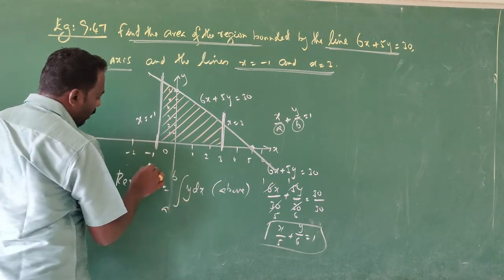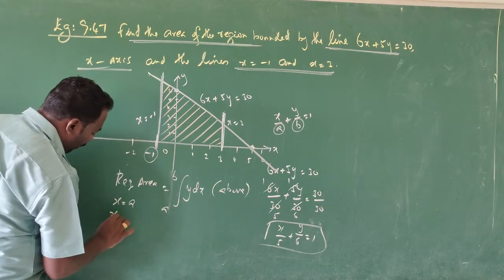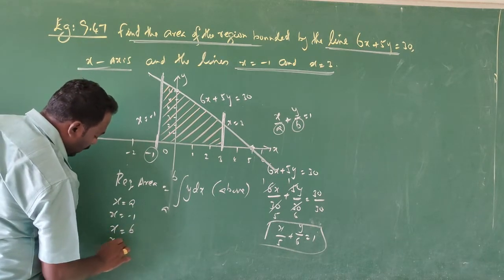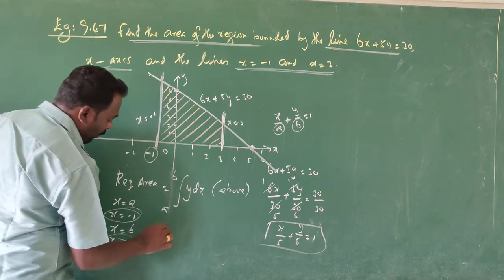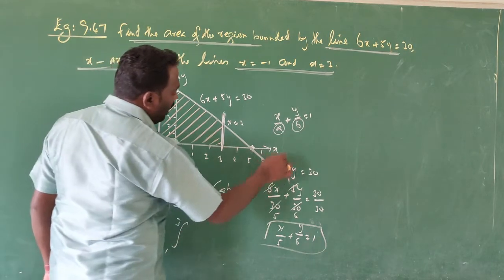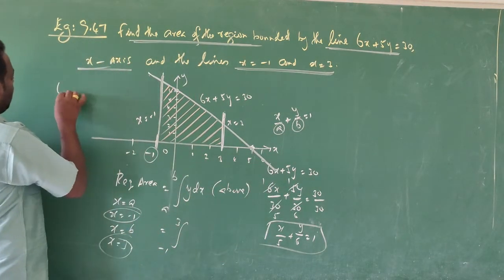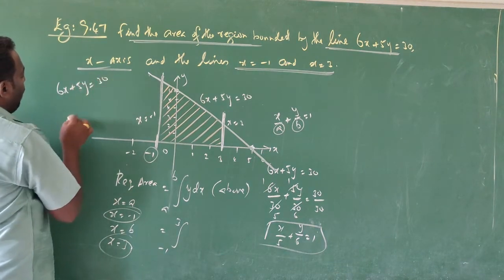Now what is a here? a is x equal to minus 1, and b is x equal to 3. Therefore a equal to minus 1, b equal to 3, so the integral is from minus 1 to 3 of y dx. From the given equation 6x plus 5y equal to 30, find the y value.